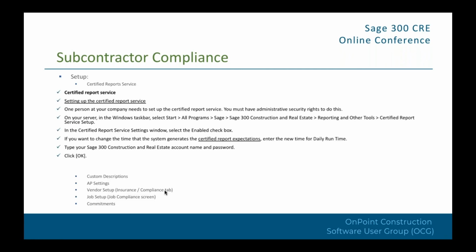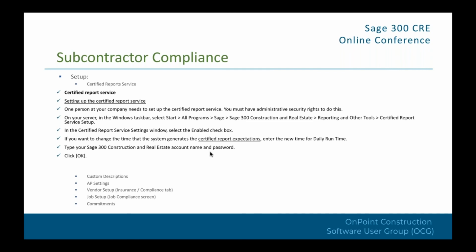So on the subcontractor compliance under setup, there's the certified reports service, and I put this section here with all the check marks out here, and that's just directly from the help menu because I don't have it up and running on mine.